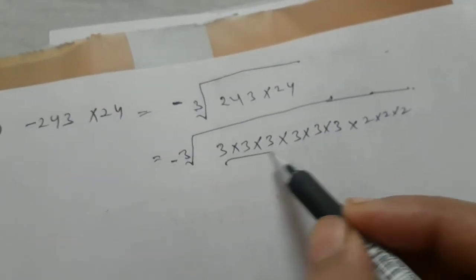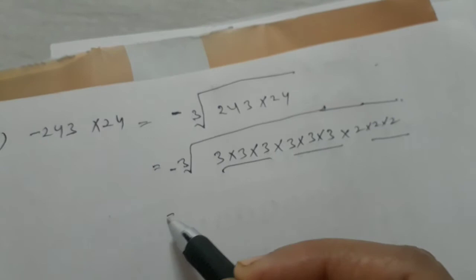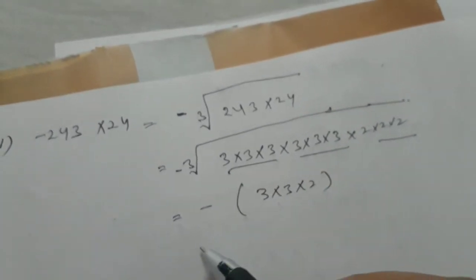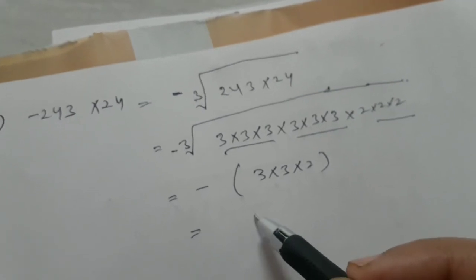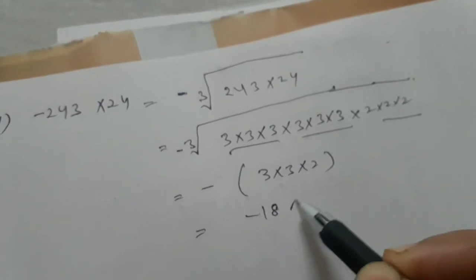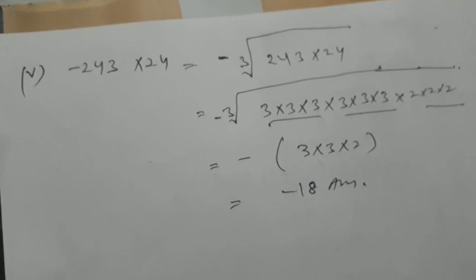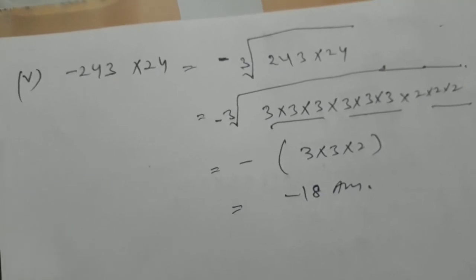Now pairing. 3 3s are 9 and 9 2s are 18 will be our cube root of minus 243 into 24.